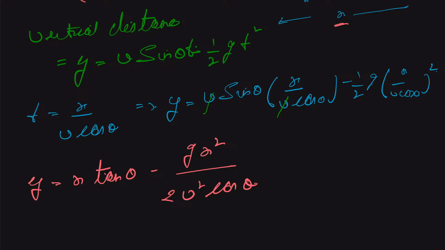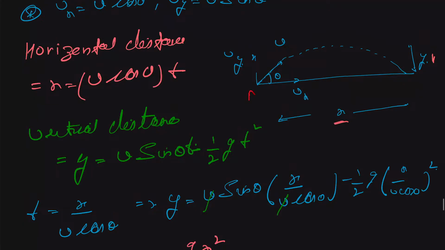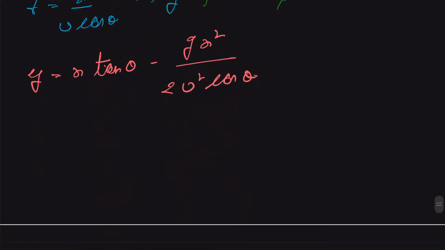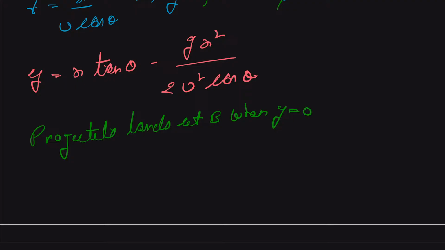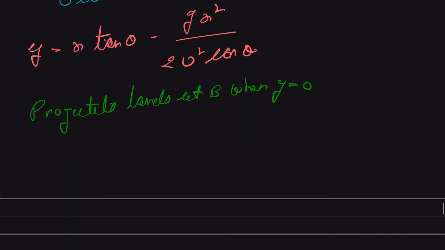And we know that it travels from point A till point B. So it means this projectile is going to land at B when the value of y is equal to 0, other than x equal to 0, because x will also be 0 at the start, but we are talking about the landing point only.